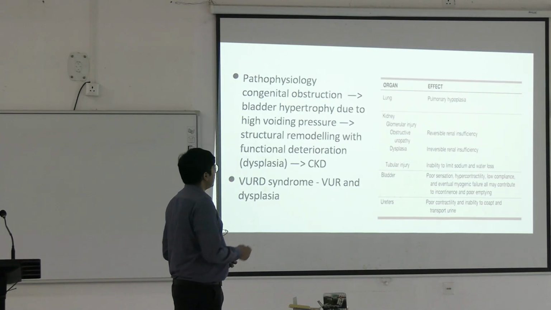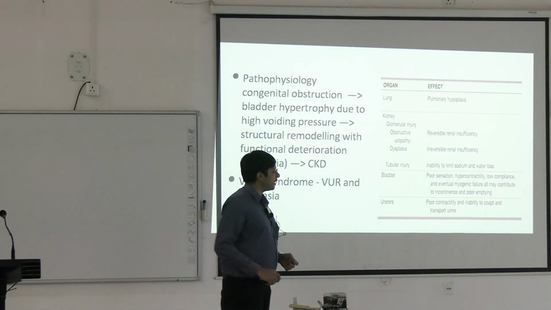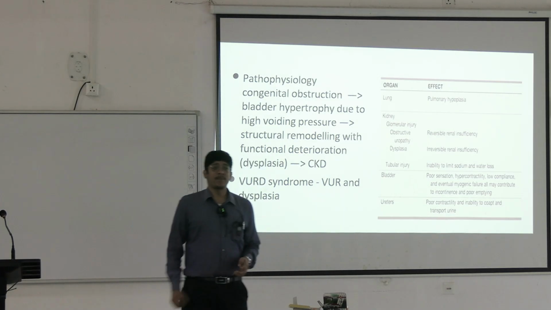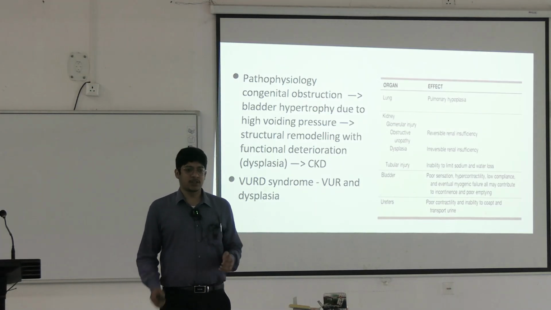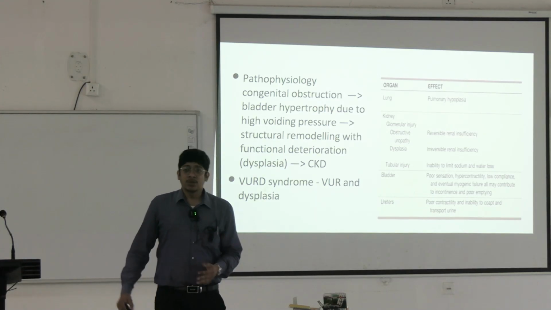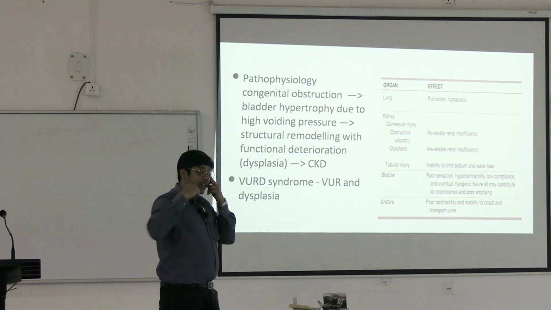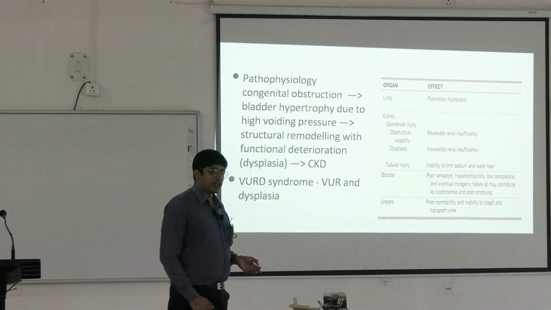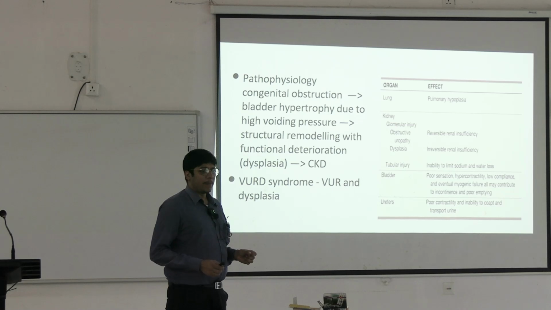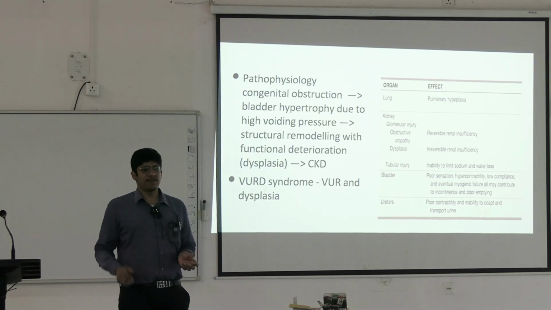Other than that, as we have discussed, in the kidneys there is progressive glomerular injury, and it leads to something we call dysplasia. You have read in your pathology classes what is dysplasia, what is metaplasia. So there is eventual dysplasia due to this progressive renal damage, which becomes irreversible at a certain point of time. The bladder, as I mentioned, becomes thick walled, becomes non-compliant, and there is myogenic failure. What does myogenic failure mean?